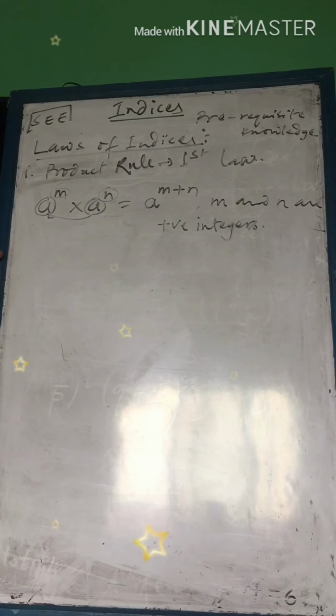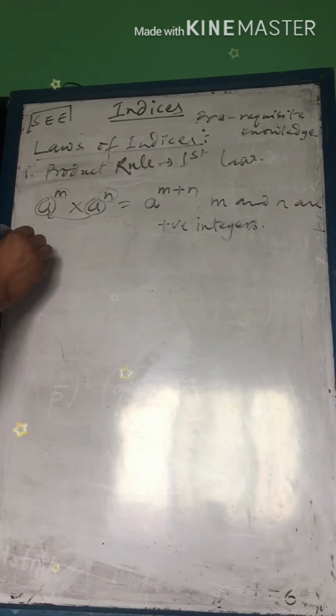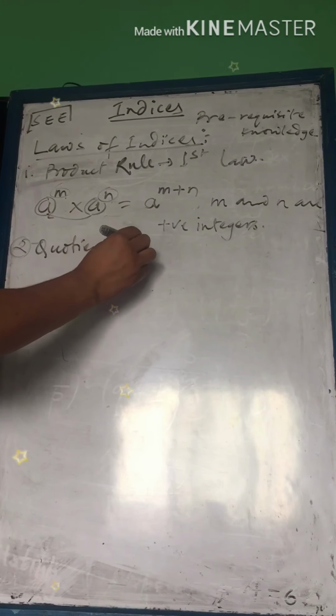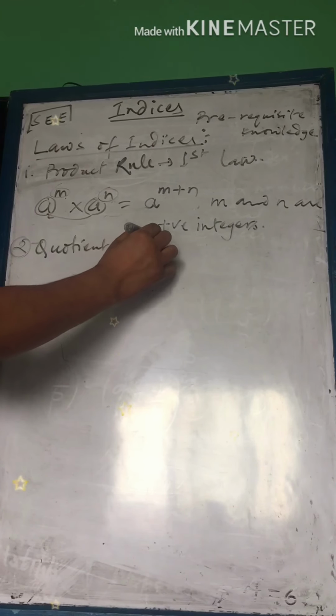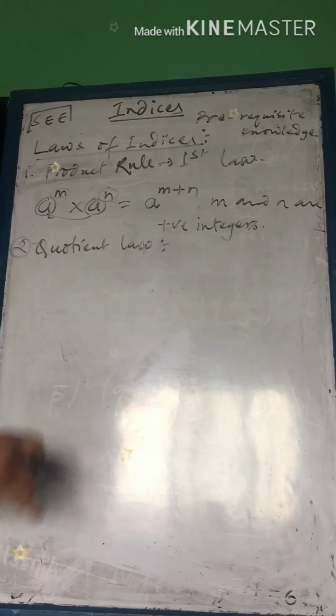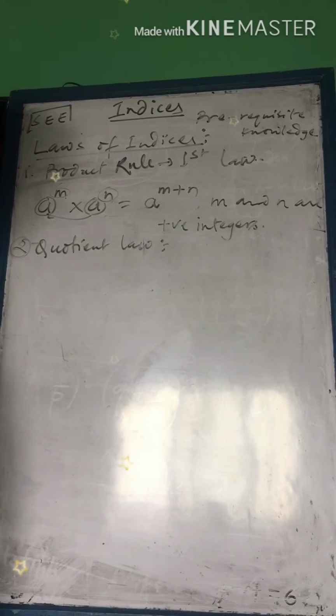The next one is the quotient law or quotient rule, also the second law. Quotient means the result that is obtained after division.